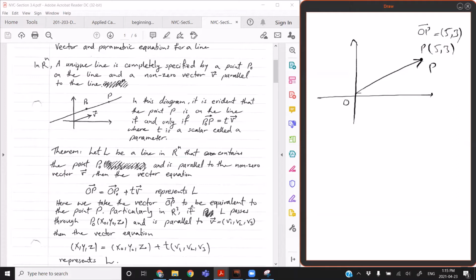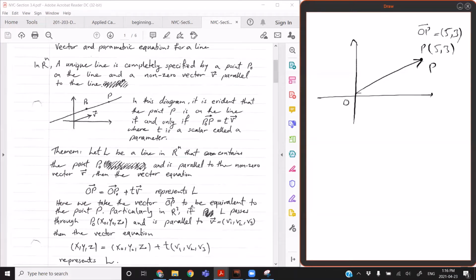So you can see that there is a correspondence between the vector OP in the standard position and the point P, which is going to be the terminal point of the vector. They're going to be the same. The coordinates of the point are going to be the same as the components of the vector, as long as the vector is in a standard position.